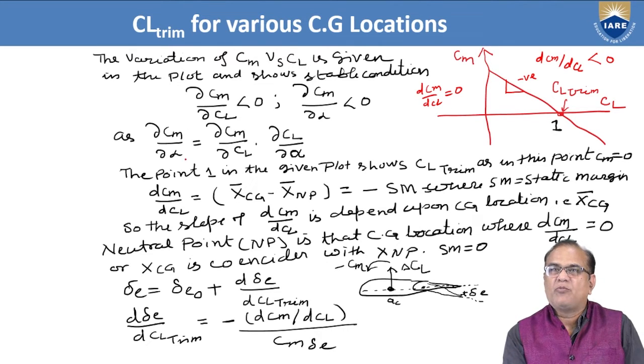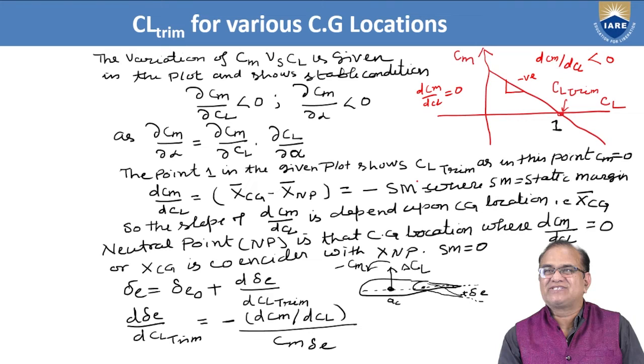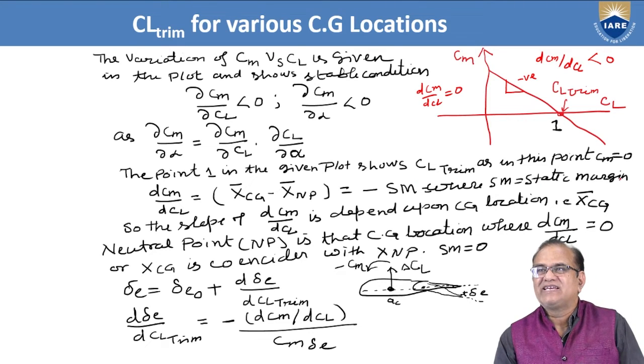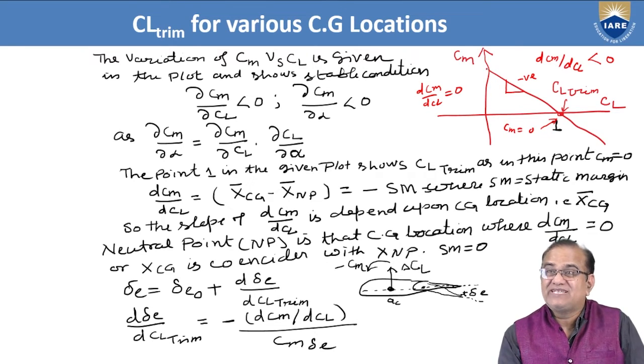So the point 1 in the given plot shows CL trim, as at this point Cm is equal to 0. If you see here at 1, Cm is equal to 0. To have longitudinal static stability, two conditions have to be met. First condition, dCm by dCl should be less than 0, and Cm naught here should be greater than 0.